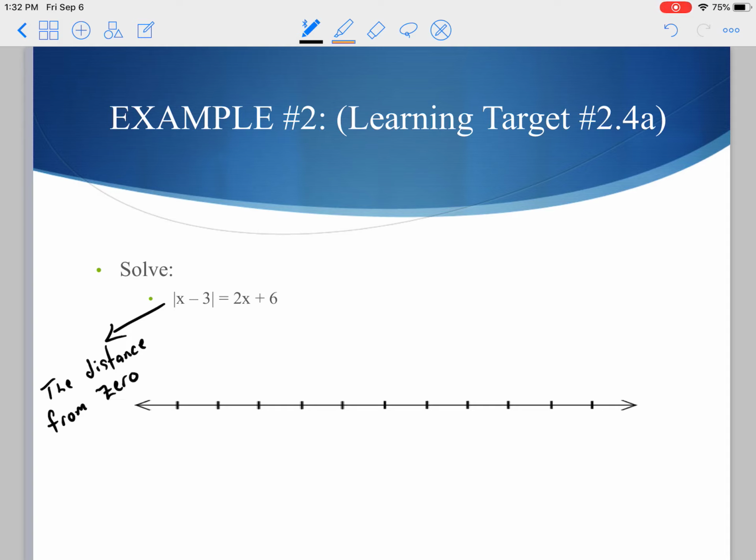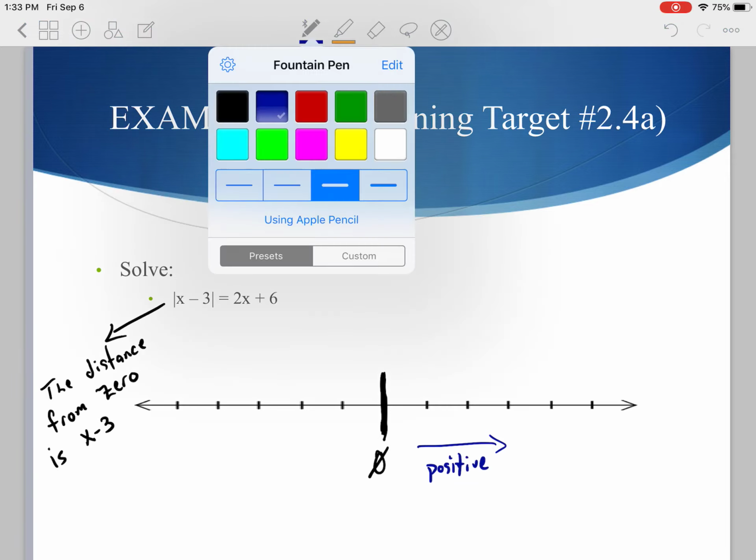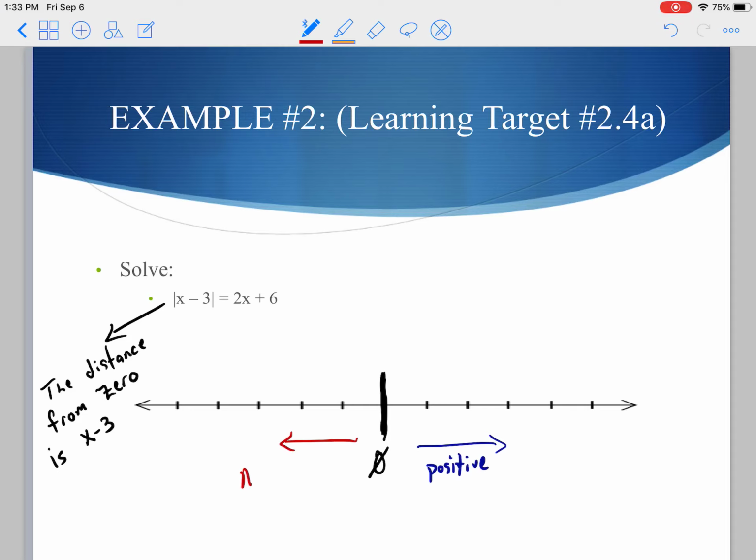And in this specific instance, the distance from 0 is x minus 3. And so if I were on my number line to place 0 in the center, I must solve this equation for all possible distances from 0. And so I have to consider the positive distance from 0, and I must also consider the negative distance from 0.